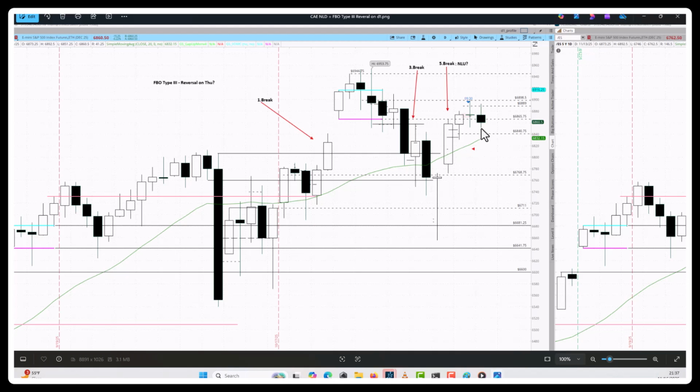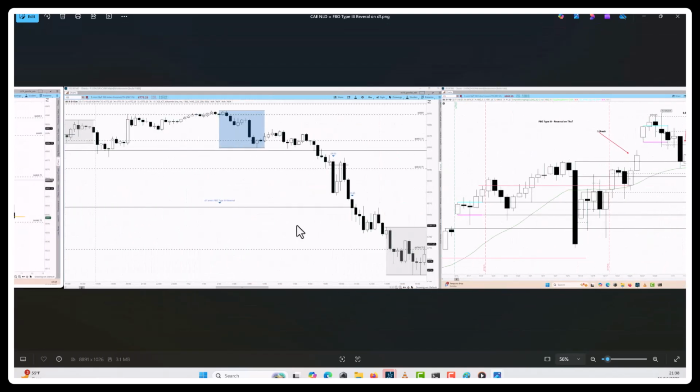Then Thursday, today, it happened on Thursday. So that gives us the idea that they use Monday in order to make the break number 3, and then Tuesday and Wednesday just a liquidity build up, boom, before it goes into Thursday. That's what we understand now.